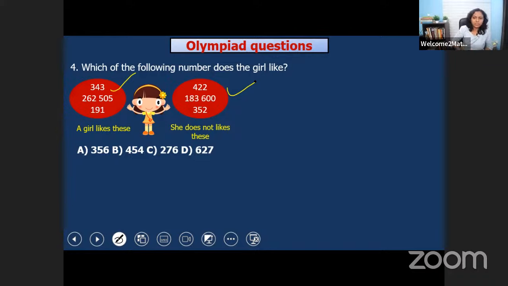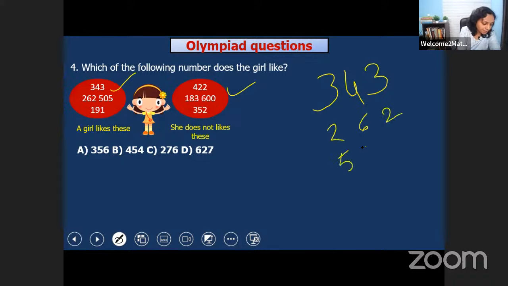Can you solve this? It would be option B. Very, very good. It's option B. You are correct. Because you see, here the girl likes 3-digit numbers: 343, 262, 505, 191.